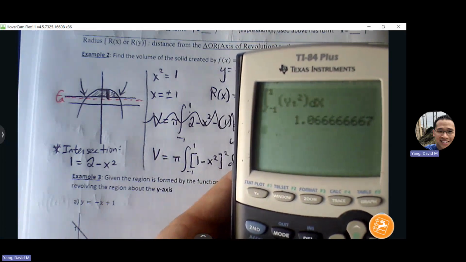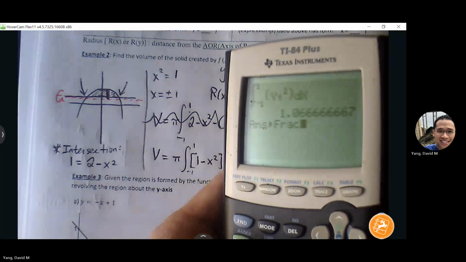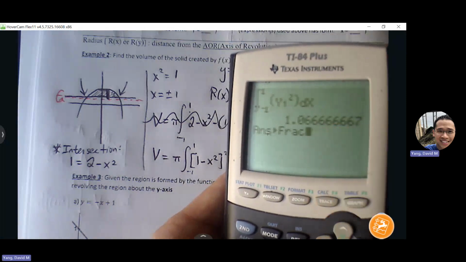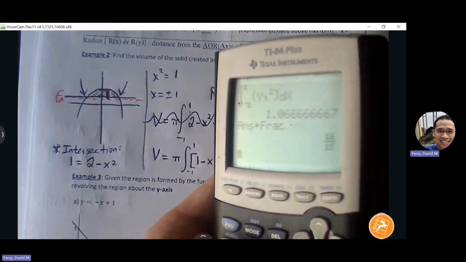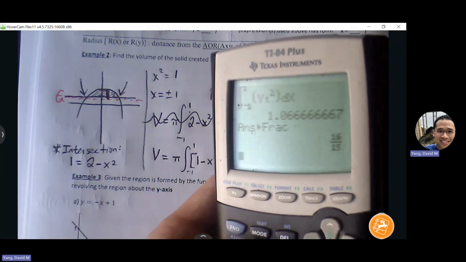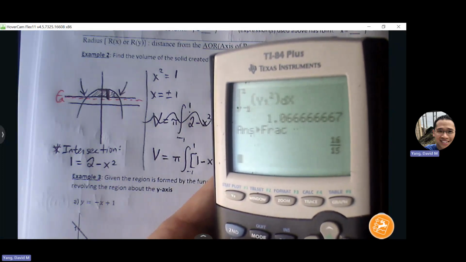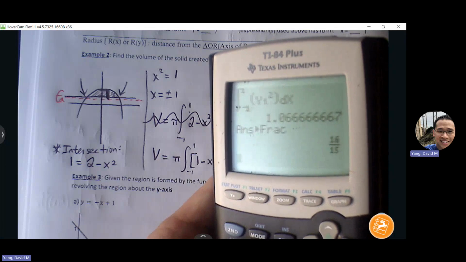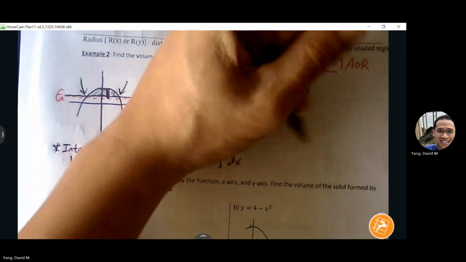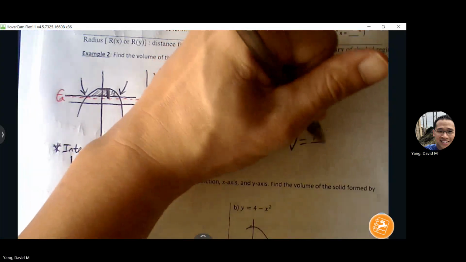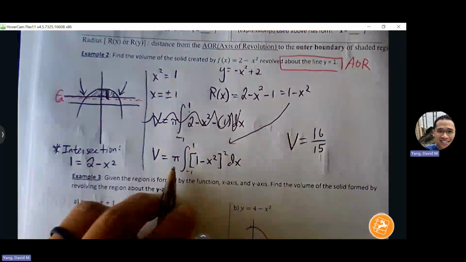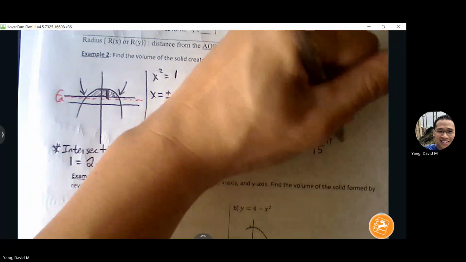And if I do math fraction, sometimes there's a chance that it'll give you a fractional value. Sometimes it can't, but if it can, that gives you an additional option. So my volume is 16 over 15. Don't forget what? Pi. Units cubed.